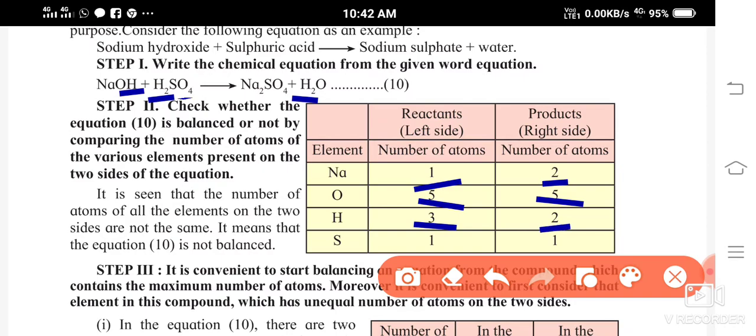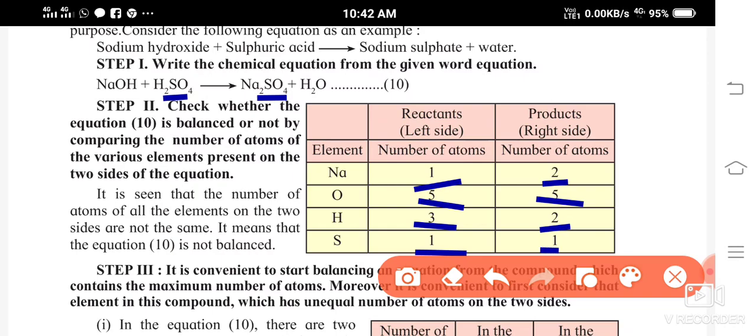So is this balanced? You saw sodium and oxygen on the left hand side and right hand side had an equal number of atoms, but hydrogen on the left hand side had a total of 3 atoms, and on the right hand side there were only 2 atoms of hydrogen. Now see sulfur, 1 atom on the left hand side, 1 atom on the right hand side, correct.